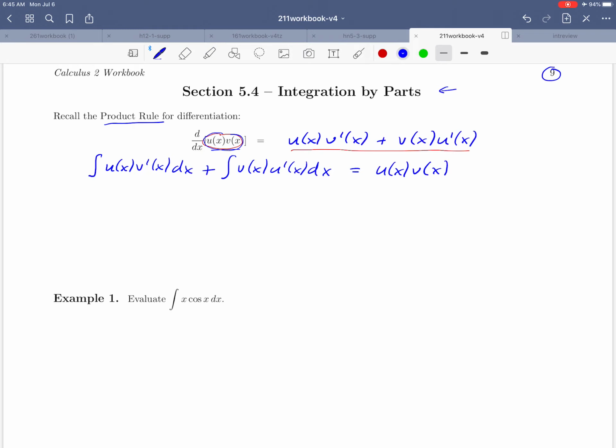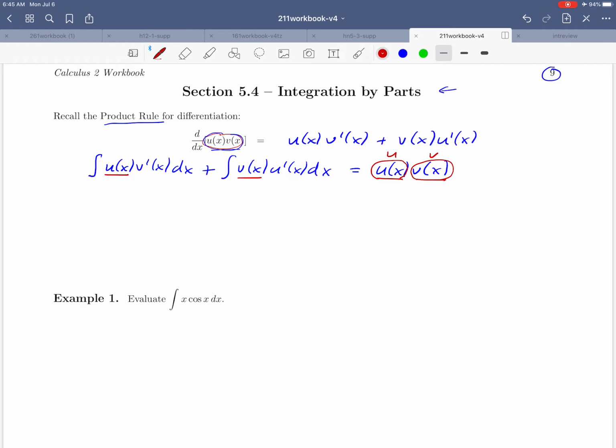One thing I'm going to do, just to simplify the notation first, is to rename some of these terms. So instead of writing u of x and v of x, let's abbreviate that by just writing u and v. I'm going to clear a little bit of the clutter away here. So I'm going to call these two terms u and v. And then going to our integral, we'll do the same thing.